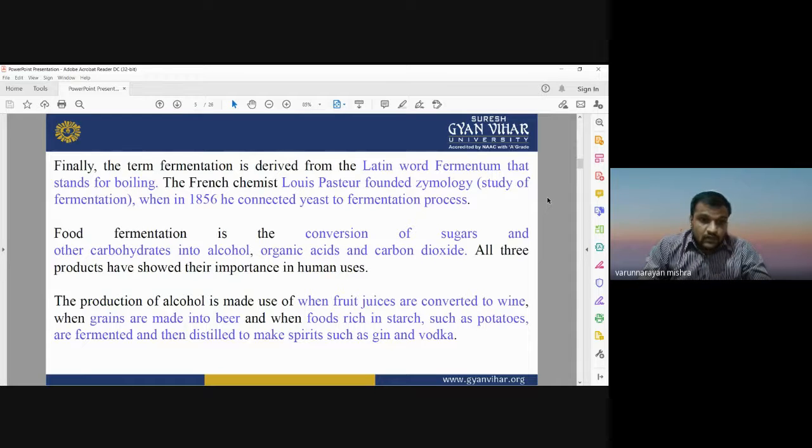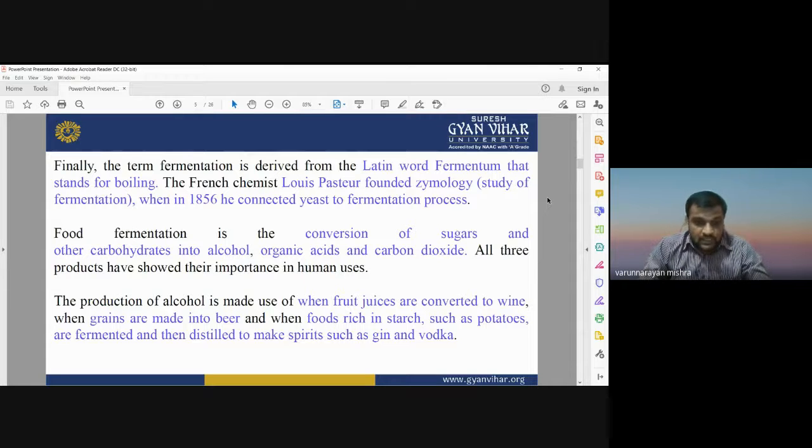The production of alcohol is made use of when fruit juices are converted into wine, or when grains are made into beer, and when food rich in starch, such as potatoes, is fermented and then distilled to make spirits such as gin and vodka.